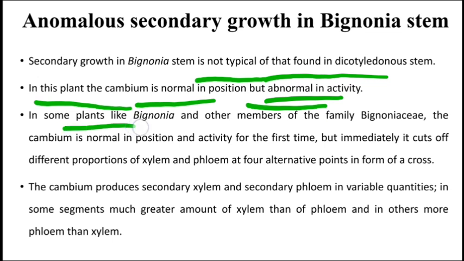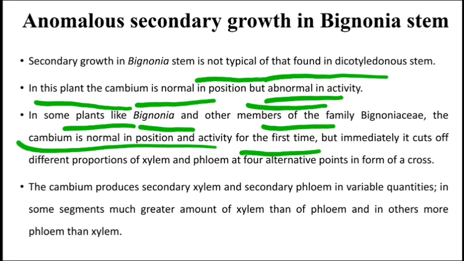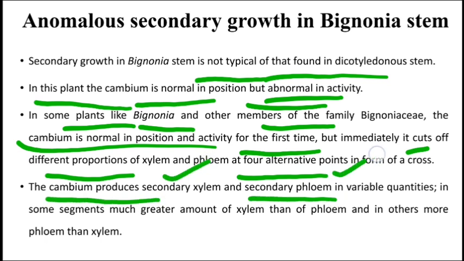In some plants like Bignonia and other members of Bignoniaceae, the cambium is normal in position and activity at first, but immediately it cuts off different proportions of xylem and phloem at four alternate points in the form of a cross. The cambium produces secondary xylem and secondary phloem in variable quantities.